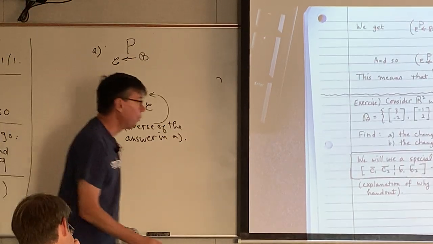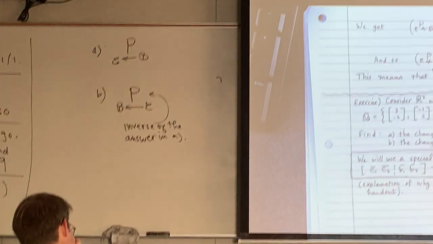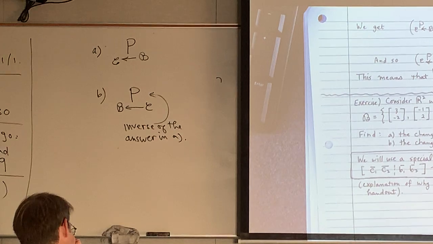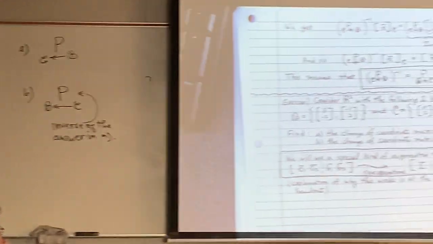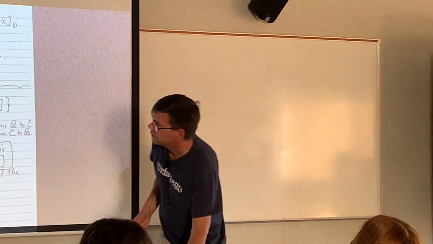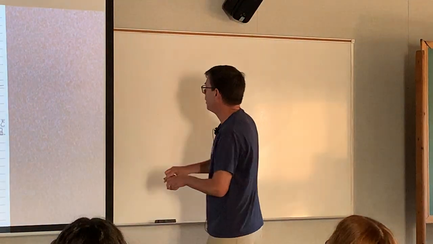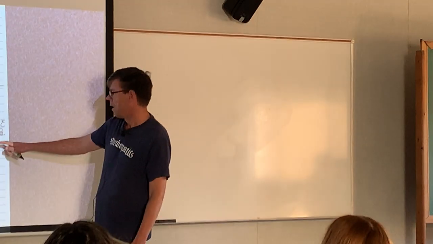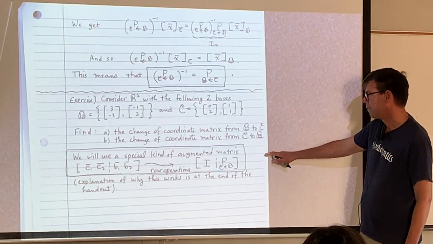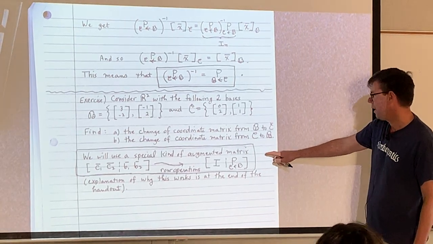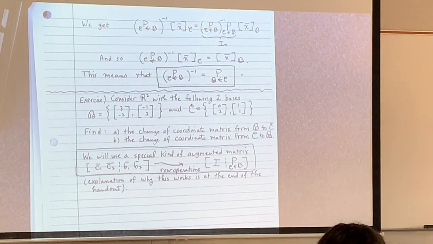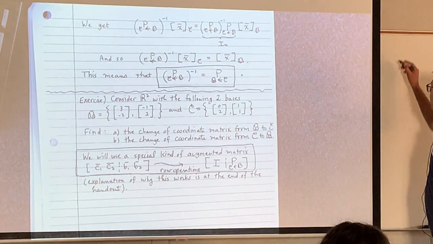But this is a new process. I can fit it over here. And it's not too bad once you see what we're going to do. Before I turn our projector off, what we're going to do is use a special kind of augmented matrix to solve this problem.